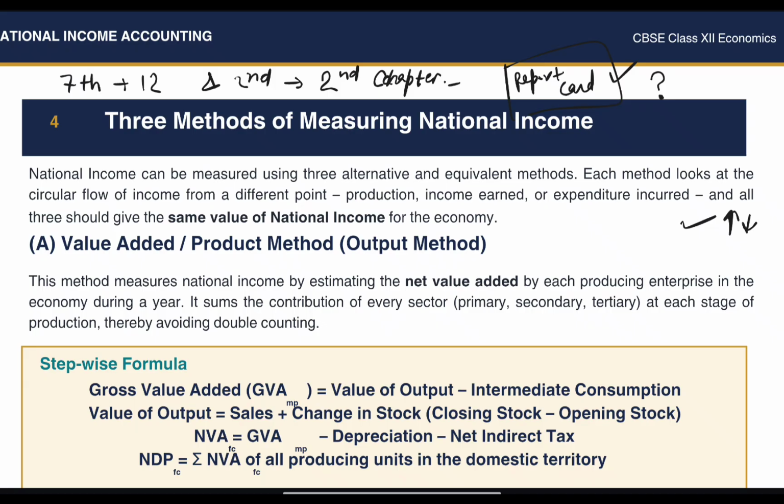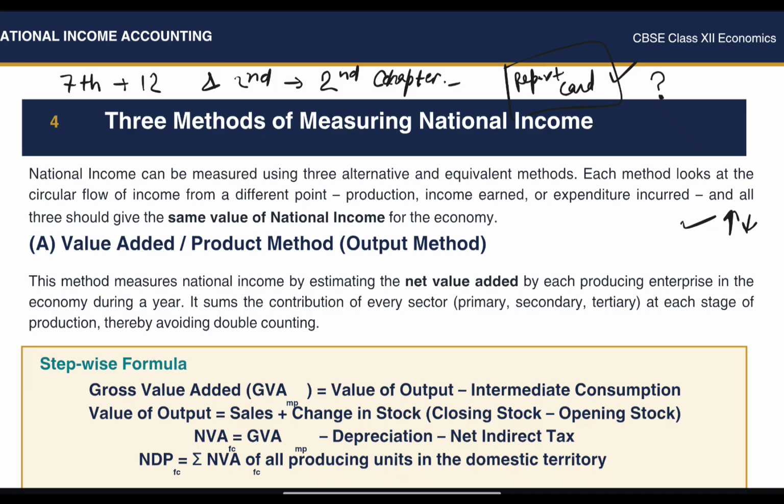If I ask you how to calculate national income, any rough idea? You will probably tell me that we can count a person's salary, or every company's profit, or the value of everything produced. So how?